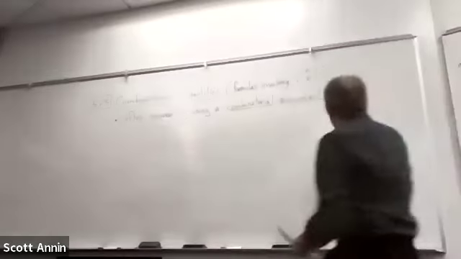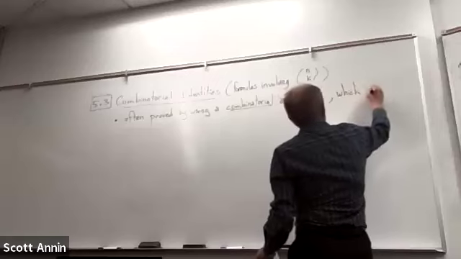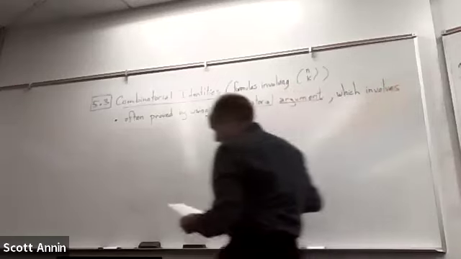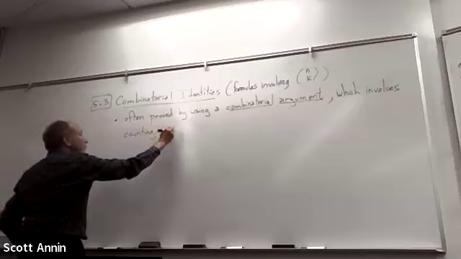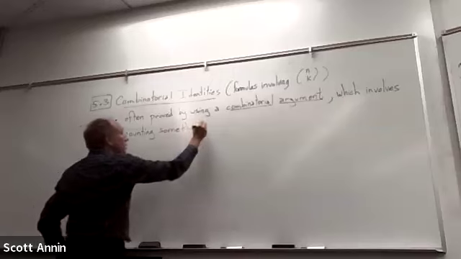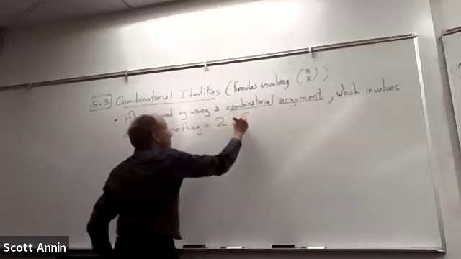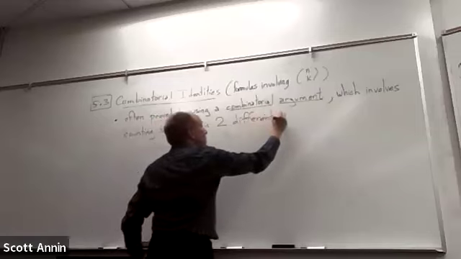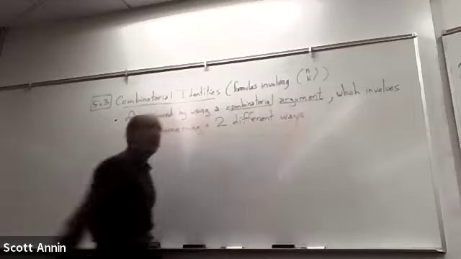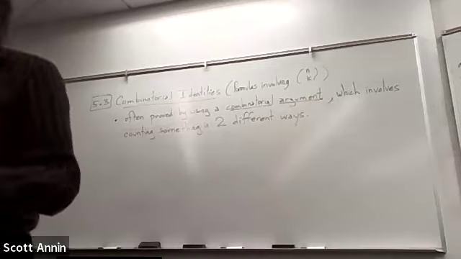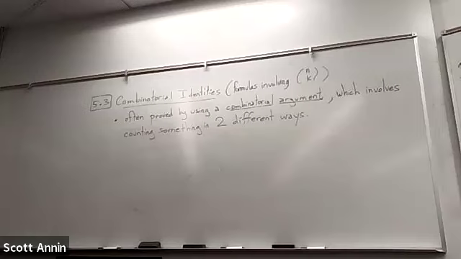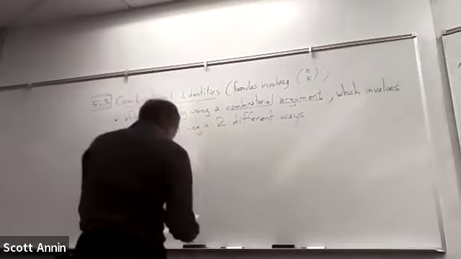This involves counting something in two different ways. And a lot of times, the hard part is figuring out what is the something that you want to count that's relevant for the identity that's in front of you to prove. So that's what we have to practice a little bit.